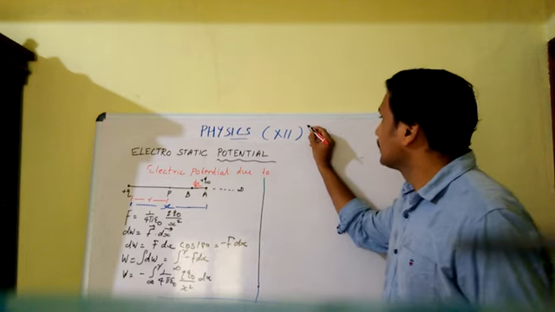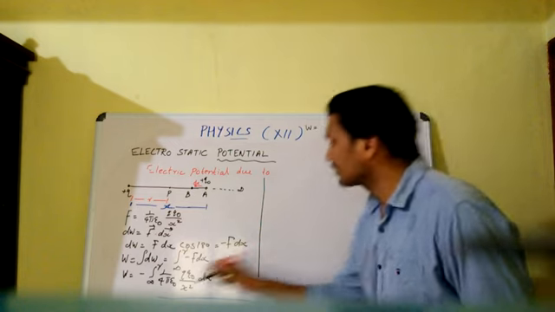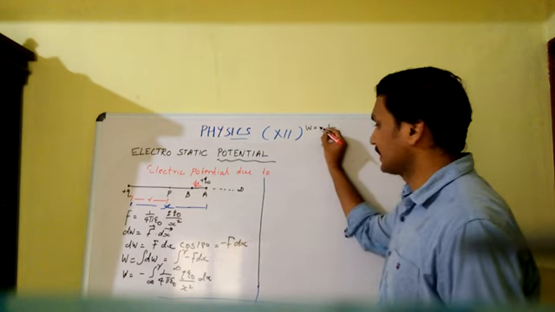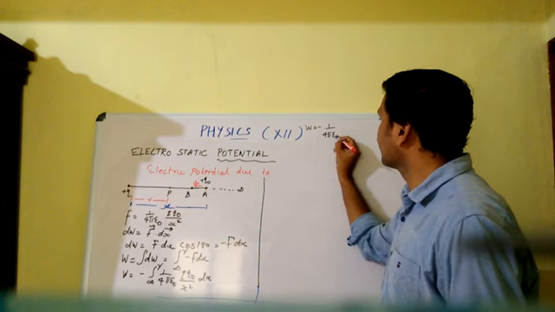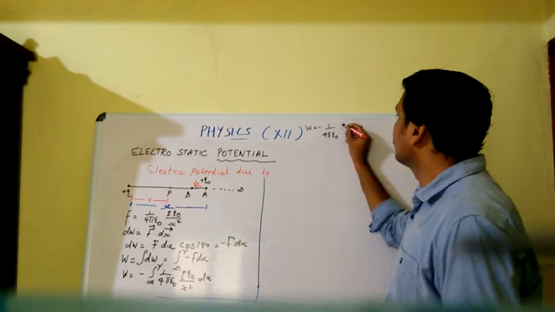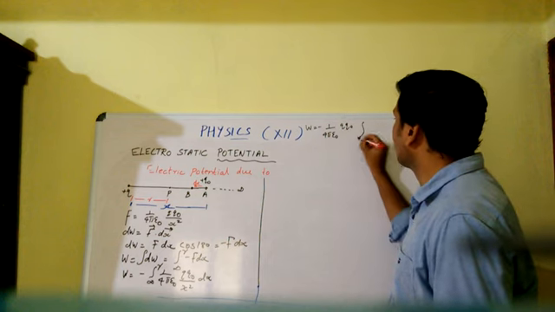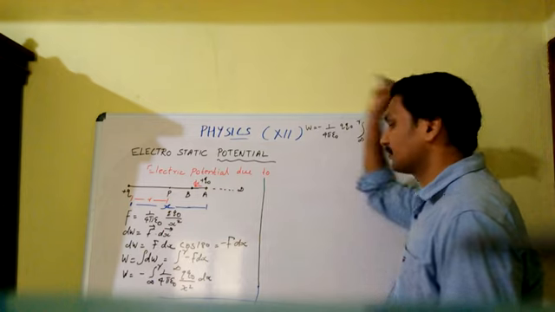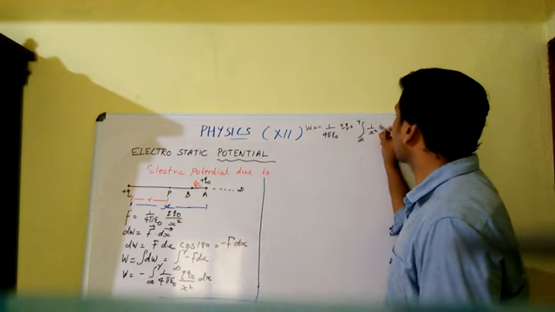Keeping all the constants outside, with the minus sign already there, work is equal to minus 1 by 4 pi epsilon 0 Q Q0 times the integral from infinity to r of 1 by x square dx.